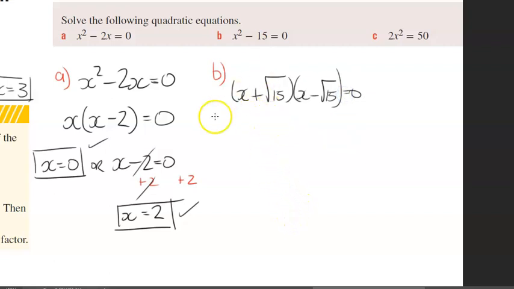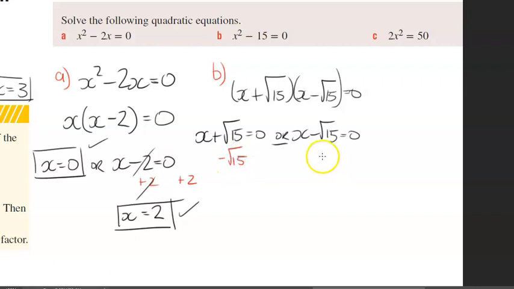And so in other words, what this is saying is that for your null factor law to be implemented, one of these terms has to be at least 0. So let's try the scenario where both of them are equal to 0. So x plus square root of 15 is equal to 0, or x minus the square root of 15 is equal to 0. And then all we have to do is simply solve for x for both of these scenarios. So the opposite of plus root 15 is minus root 15, and this one here is plus root 15.